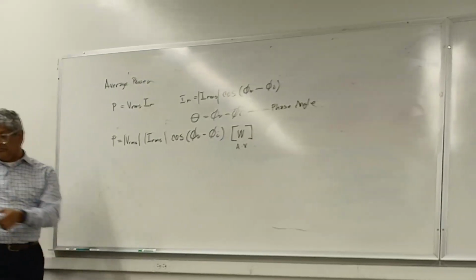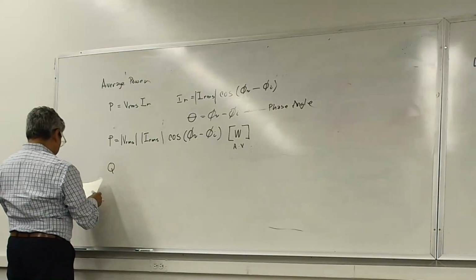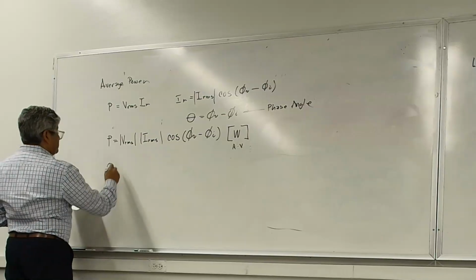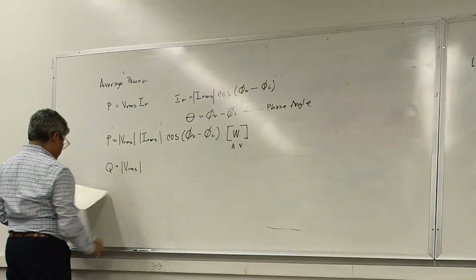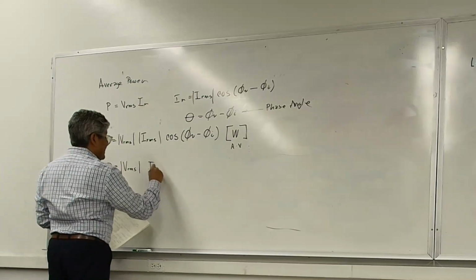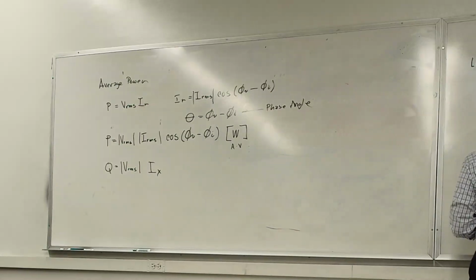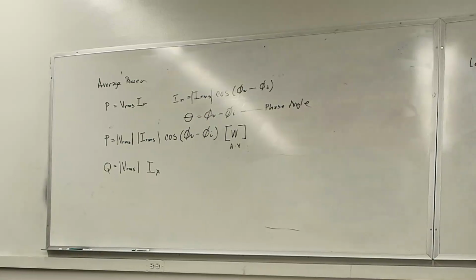Now Q, magnitude, we'll change it to the right units. Q is equal to VRMS magnitude times IX, and I define IX. This is what I substituted with.